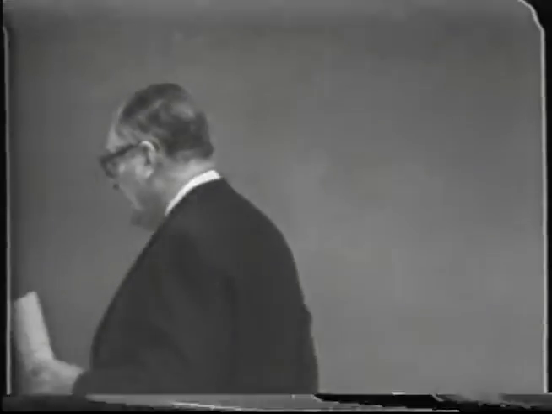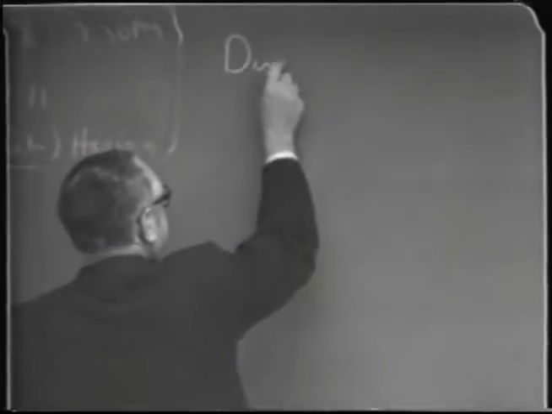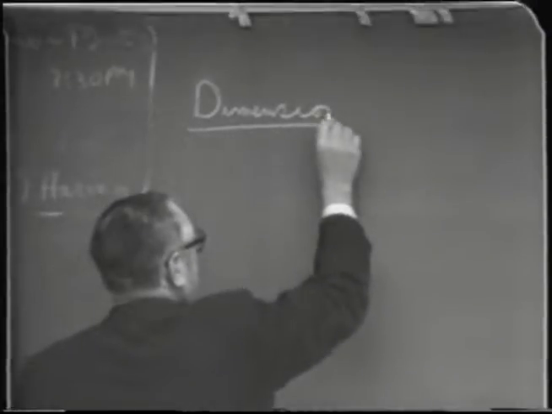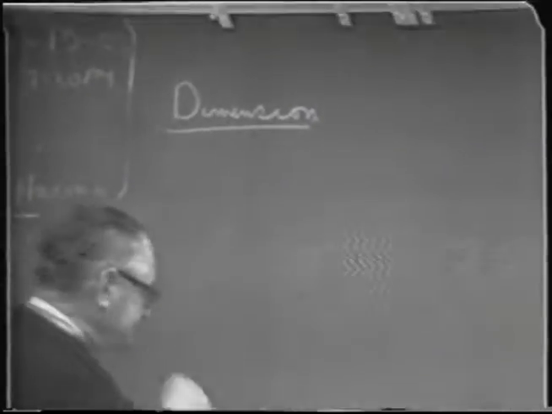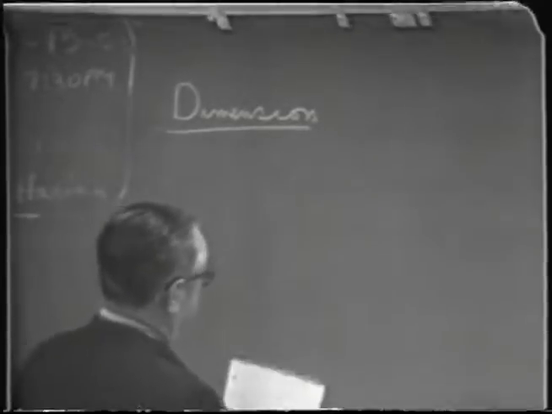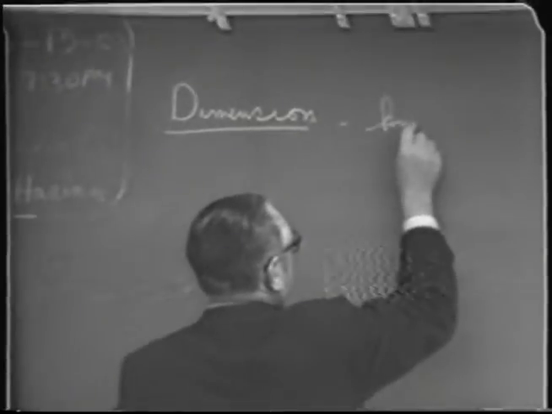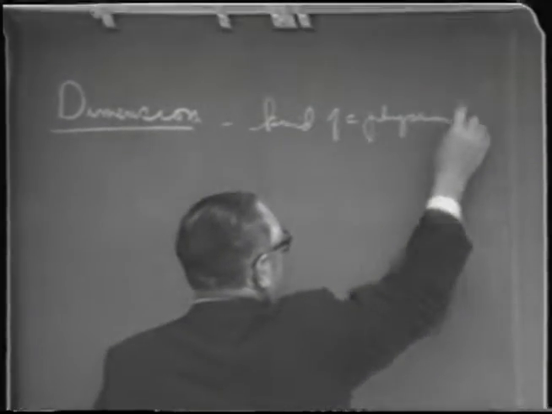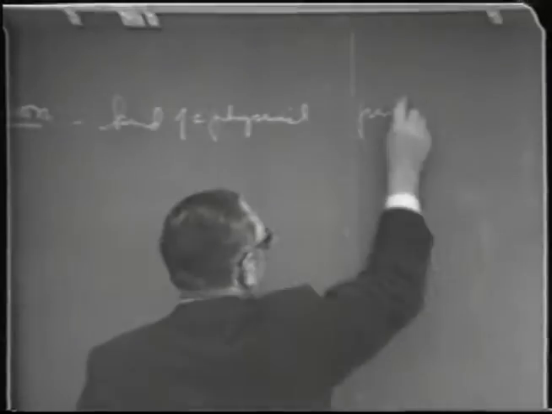Dimension is a term that describes the quantity of some physical property under consideration. So I'll write this word down. Describes the kind of a physical property, or physical quantity under consideration.